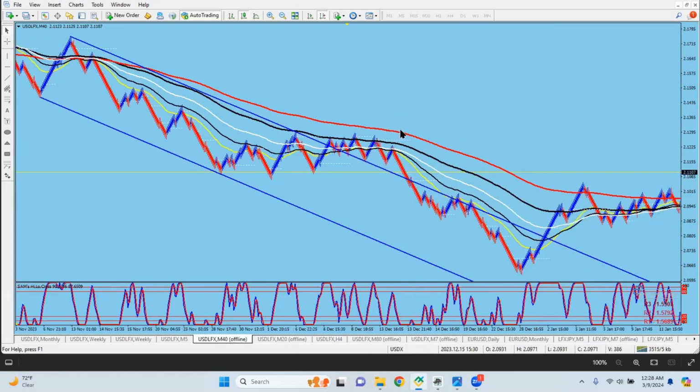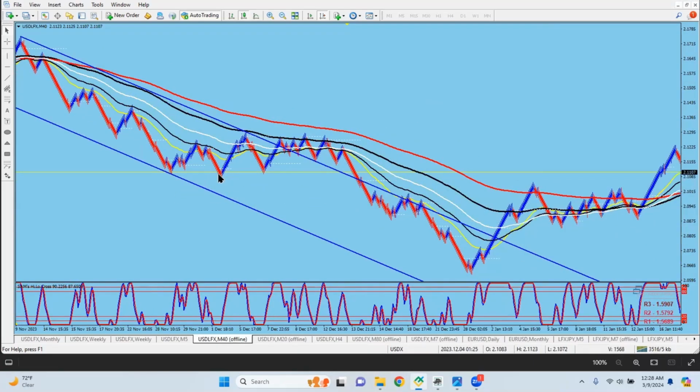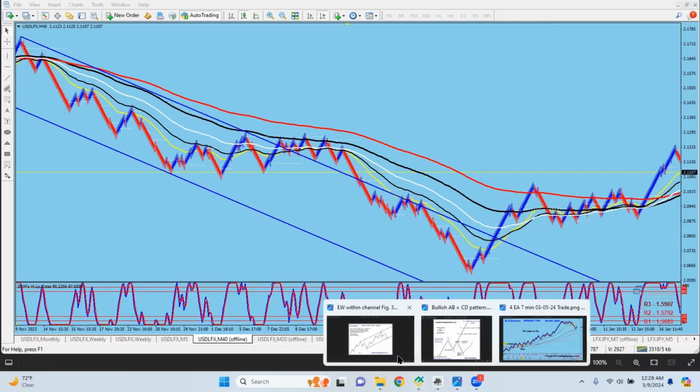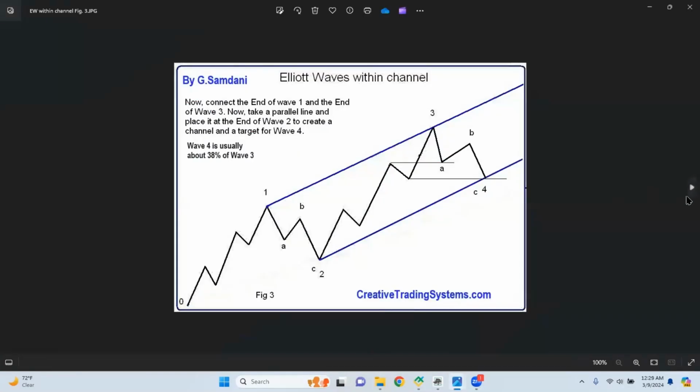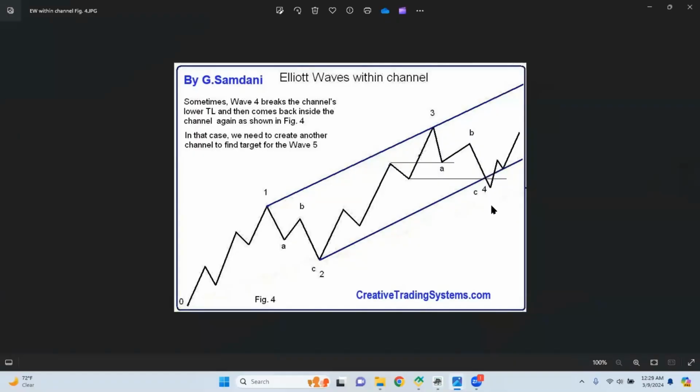So you see, I just showed you in the diagram that wave 4 usually goes out a little bit out of the channel. Like, you see this wave 4 like this, it goes out a little bit and then comes inside the channel line again for wave 5.